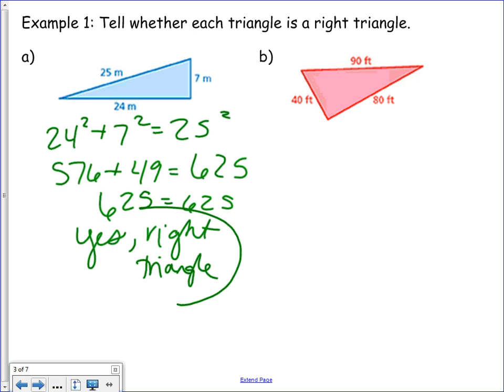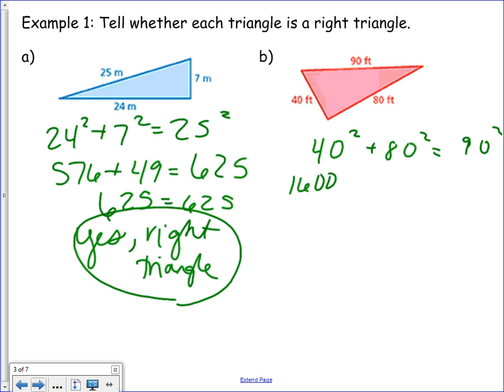So is it a right triangle? Yes. If those would not have been equal, then no. And remember again, the way we determine what the hypotenuse is is whatever the longest side is. So in this case, does 40 squared plus 80 squared equal 90 squared? 40 squared is 1600 plus 80 squared is 6400.